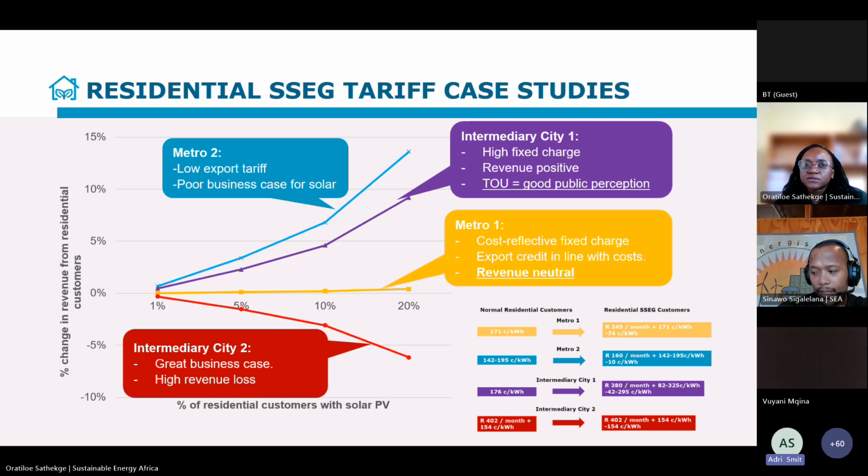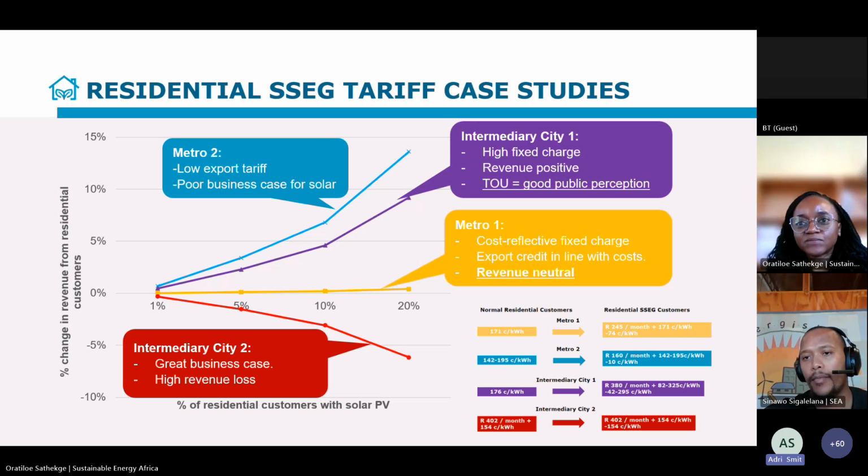No, I was saying the issue is, every time we speak to the CFO, solar is seen as this animal reducing the revenue of the municipality. So we'll have to build a strong case for compensation.